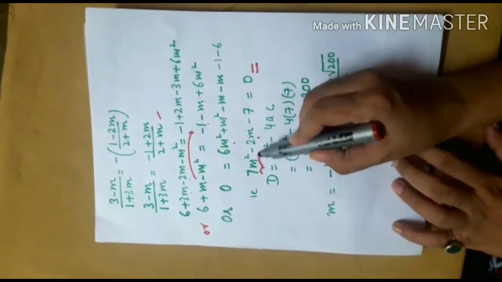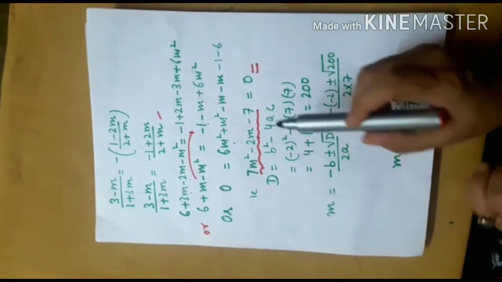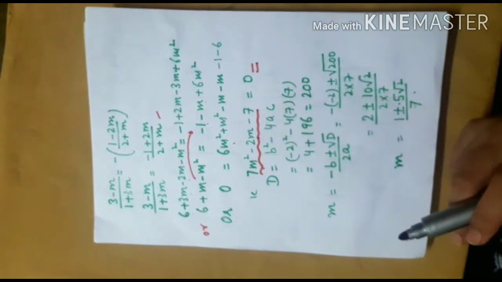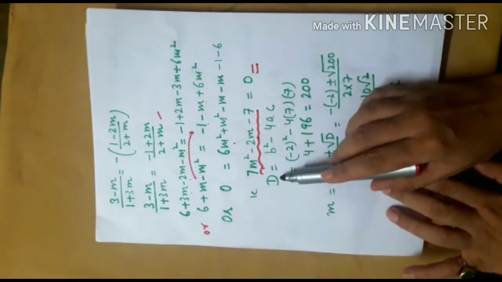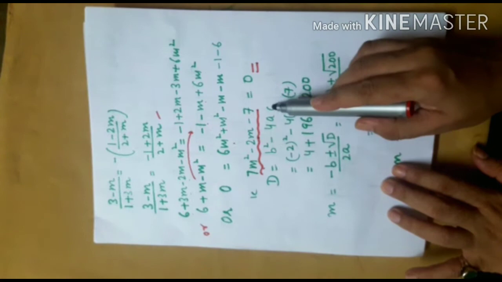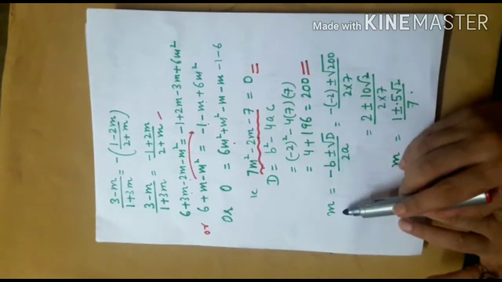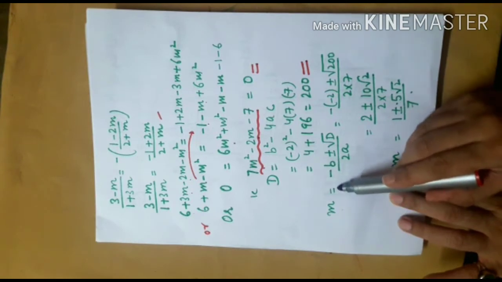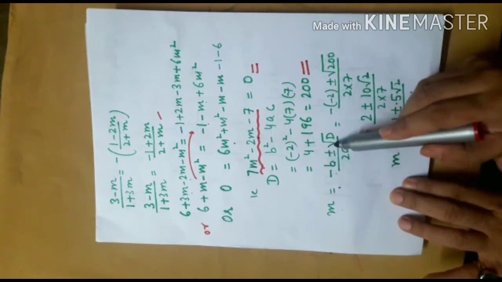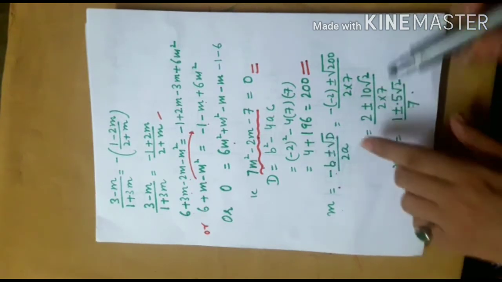So this is a quadratic equation in m. I'll solve this quadratic equation using the quadratic formula. I get the discriminant first using b square minus 4ac. So the discriminant is 200. And the roots, that is the values of m, will be given by minus b plus or minus root D over 2a.